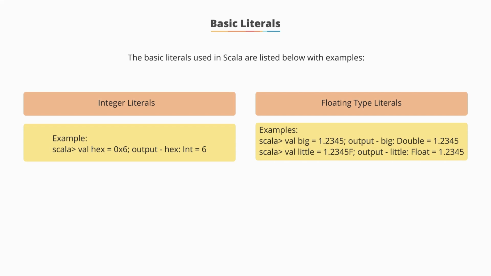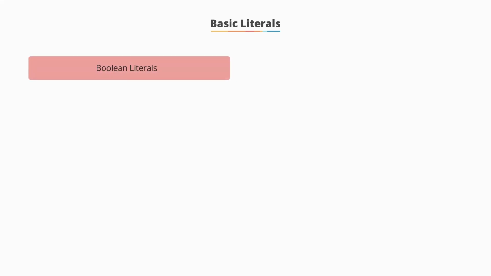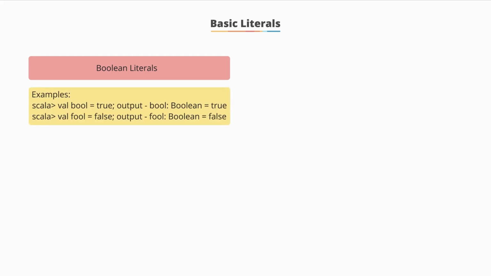Other types of literals are character literals and string literals. Character literals contain any Unicode character between single quotes. There are special character literal escape sequences, and an example is given on the screen. Another type of literal is the Boolean type that has literals true and false. A few examples for defining these literals are also on the screen.